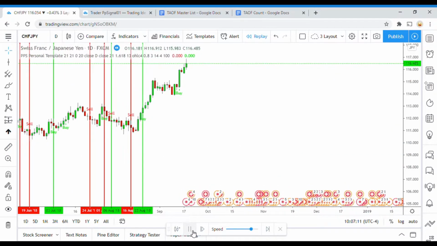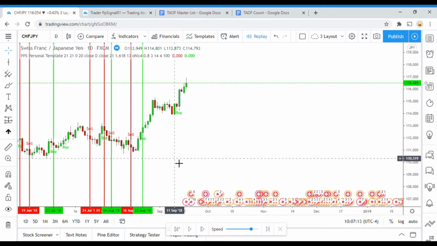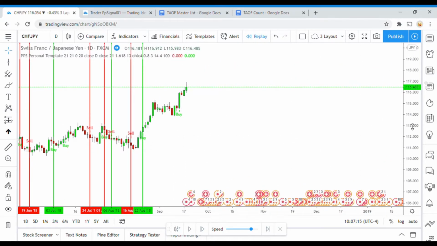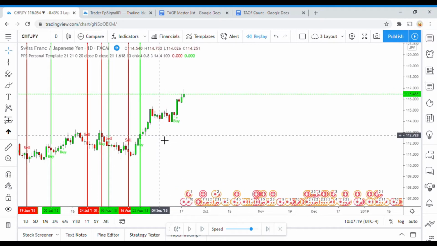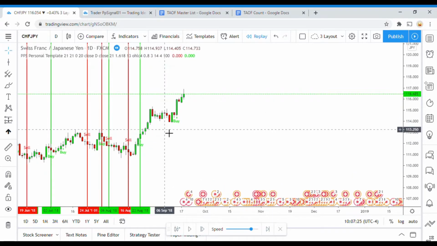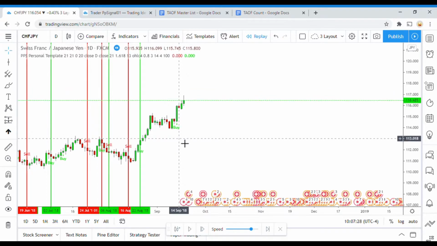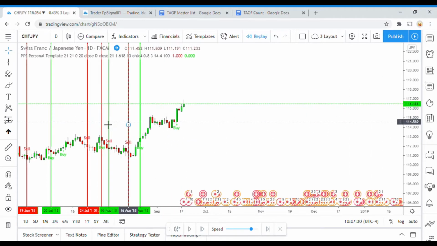We're a little past midway through the year now, and it seems to still be doing relatively decent. Like I said, it's throwing out a reasonable number of signals. I wouldn't call it a huge overtrader, but definitely throwing out a whole slew of signals here.